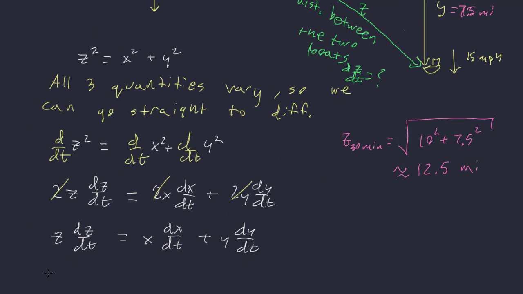So we have the 12.5 miles times dz/dt, that's what we're looking for. It's equal to x.